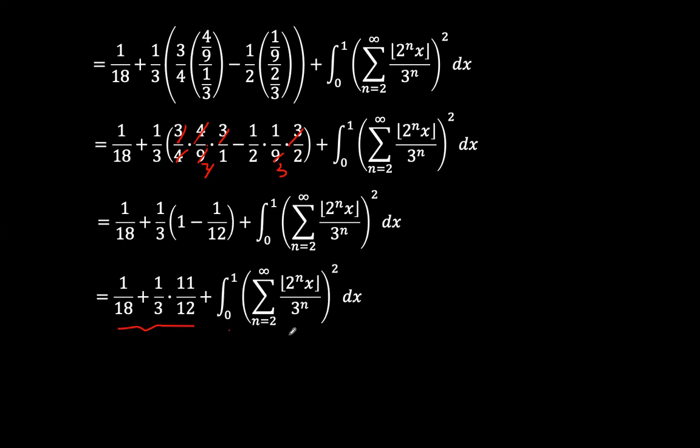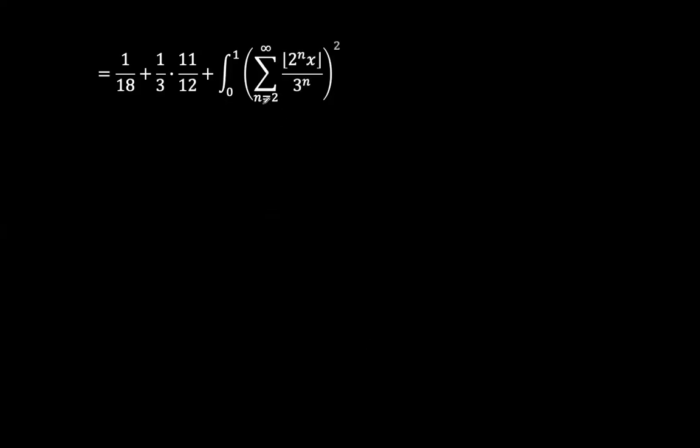Now let's try to see how to attack the third integral. So the third integral is interesting, and the first thing is to try and revert this indexing from n equals 2 to now n equals 1.